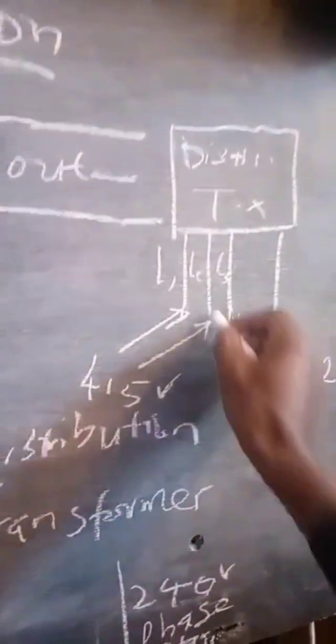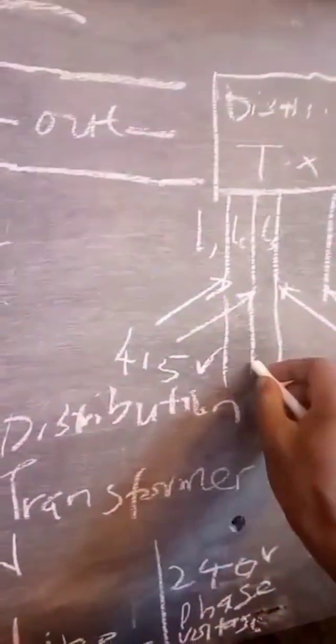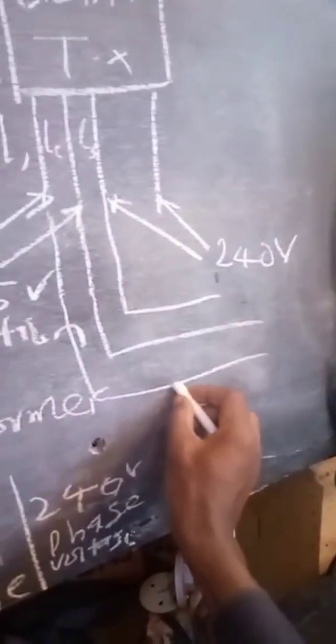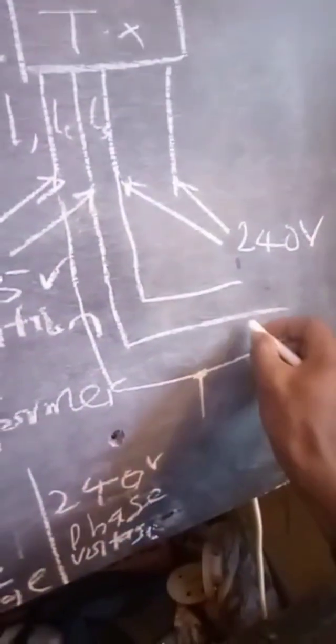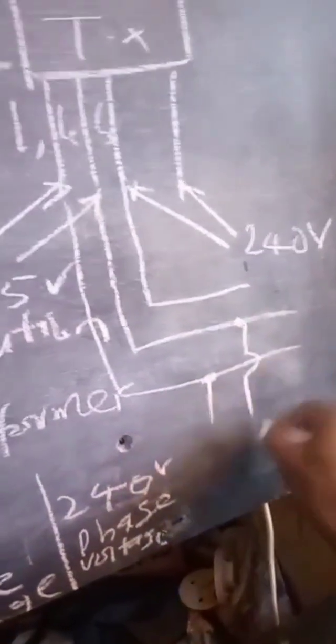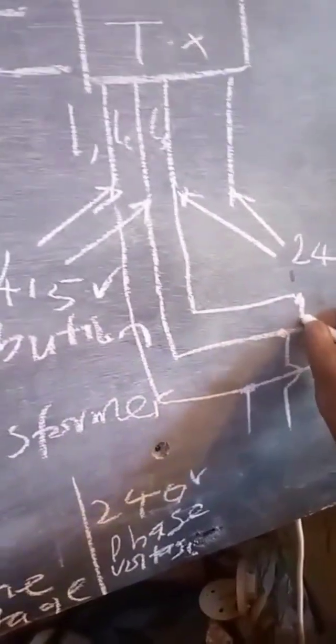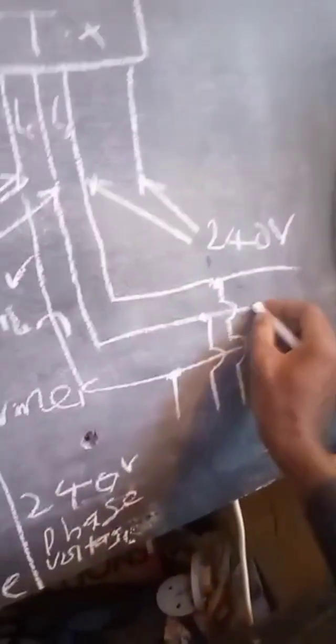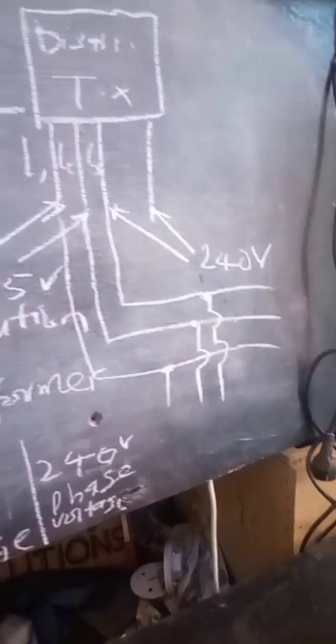So this power now can be branched into different sections, then you can tap it and then feed into different lines as you continue to distribute it. That is what we call power distribution.